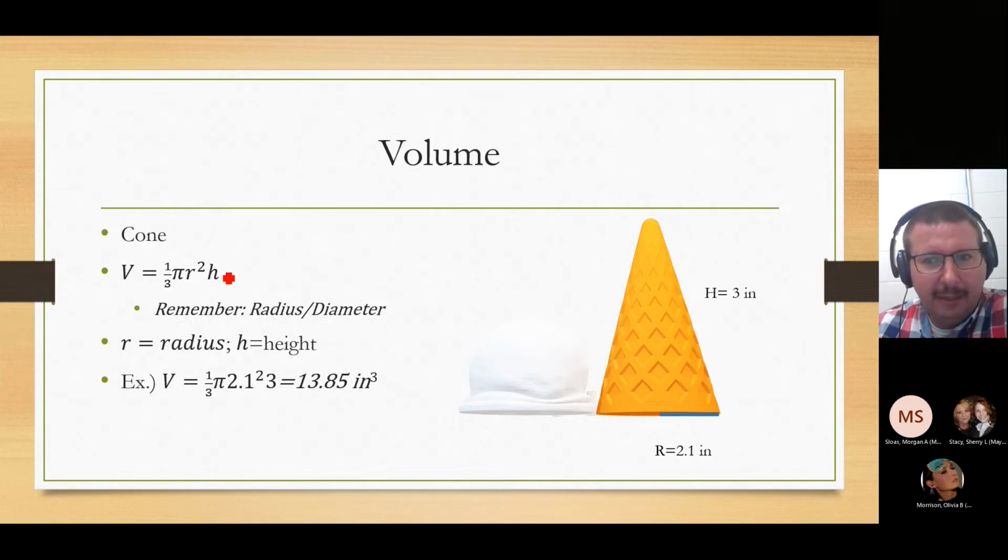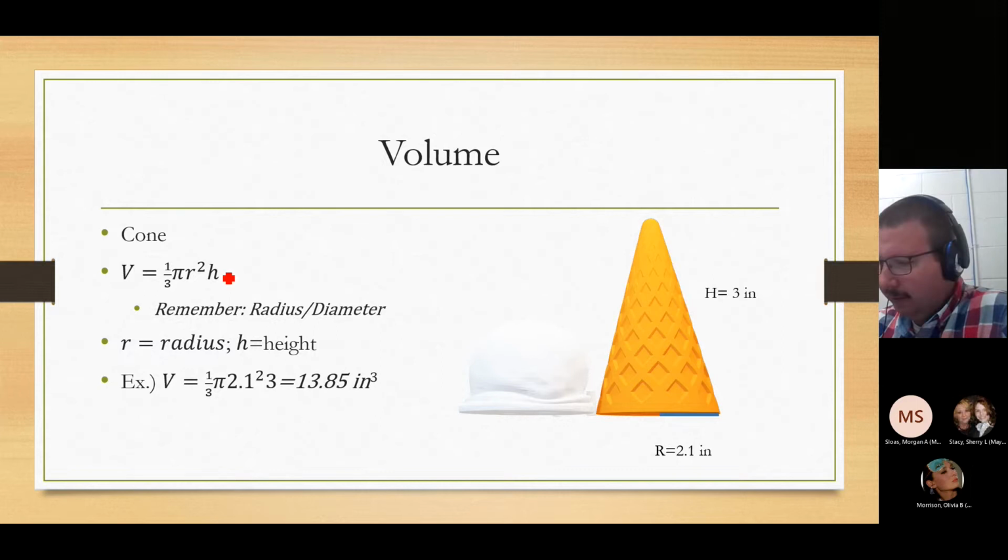We have a radius, that tells me we might have a diameter, and yet we still want the radius. Once we get the radius, we just type in the radius, we square it, like we've been doing, we hit your height, and get the answer. 13.85.